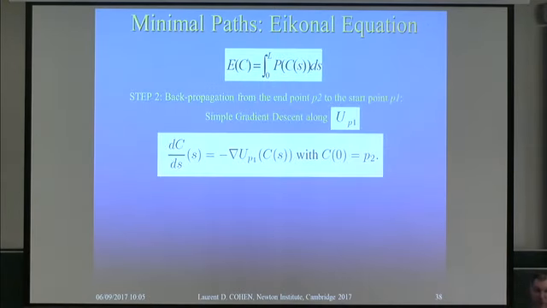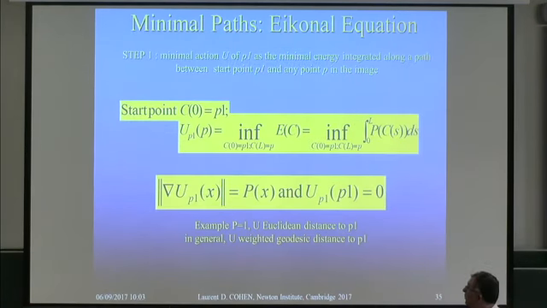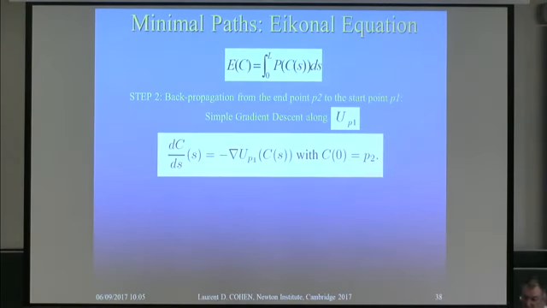The second step, once we solve the Eikonal equation numerically, is to make gradient descent, which can be seen as solving an ordinary differential equation starting from the endpoint P2 and joining P1.